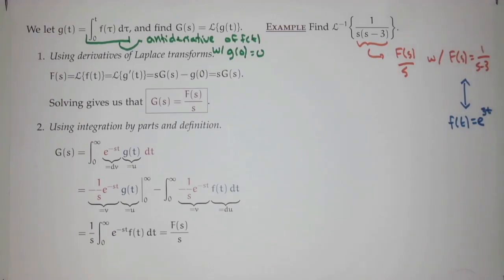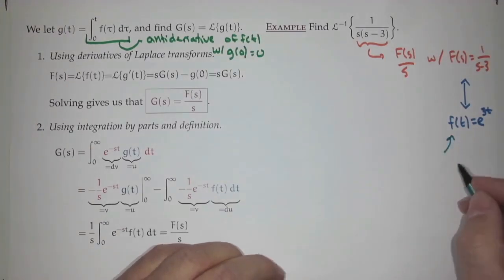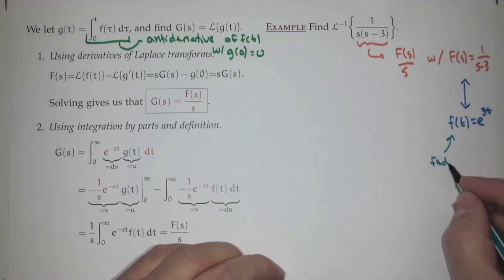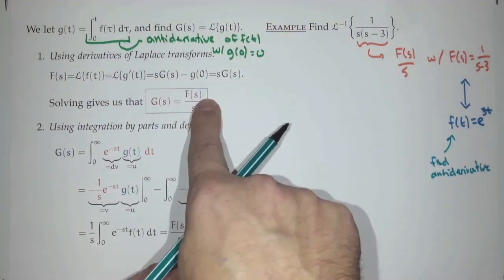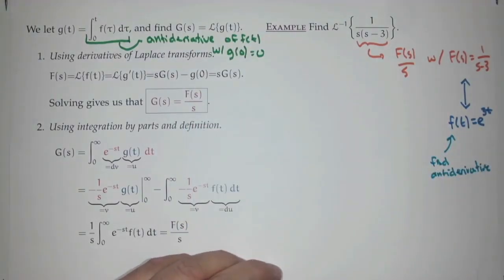Now our great aha: what must be the case is that we want to find the antiderivative. That's what we're after for the answer, because if you have F of s over s, that comes from taking the antiderivative.